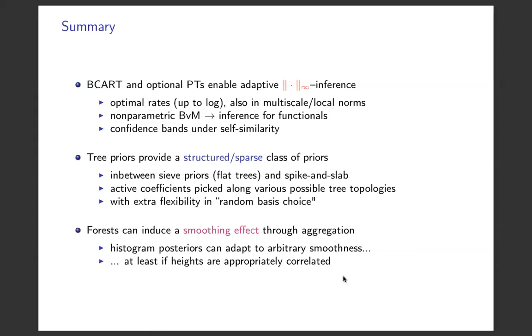Tree priors are somewhat in between sieve priors or maybe kernels and spike and slab, where you have a completely free arbitrary sparsity pattern. You have some extra flexibility also of random choice of basis, although we didn't talk much about it in this talk. And also another message is that you can have some smoothing effect using forests.